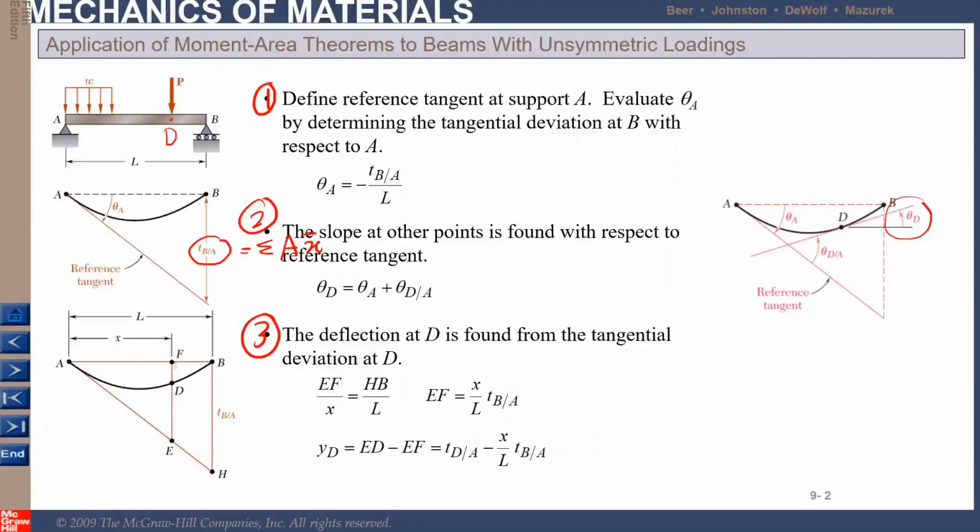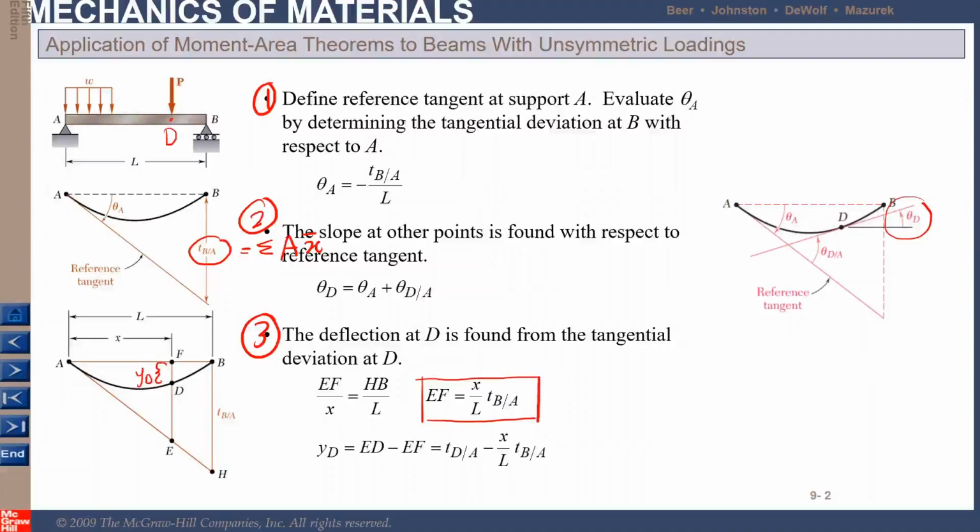The value of EF divided by X is the same as the value of BH divided by L. Then you can get EF as X over L times tB over A, and the value of tB over A, as I said before, is just the total value of area times X bar.